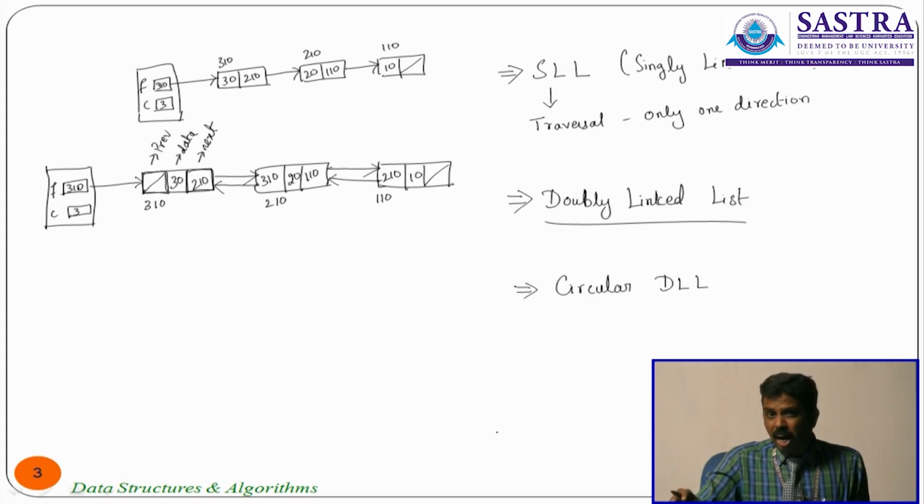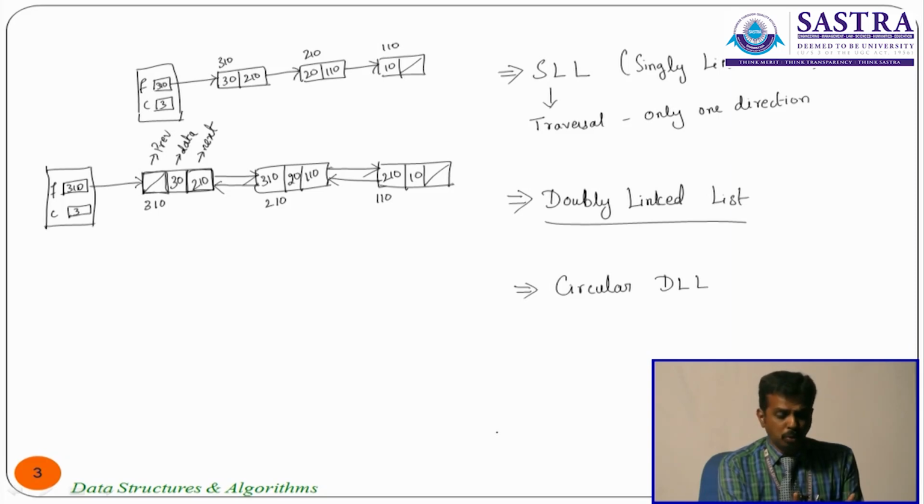But the circular doubly linked list gives the option that even if you reach the last node, the last node is connected with the first node.